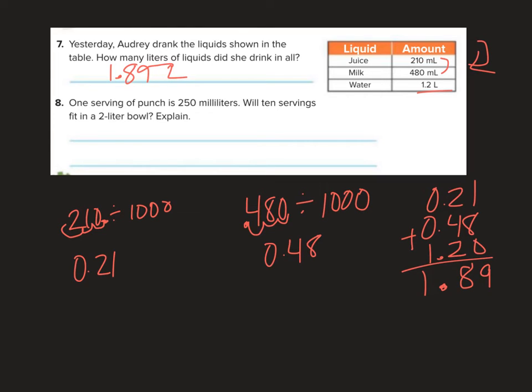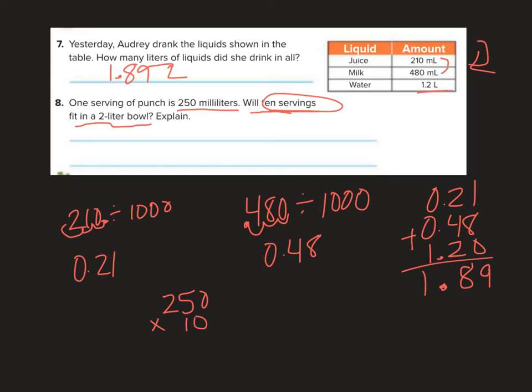All right, 1 serving of punch is 250 milliliters. Will 10 servings fit in a 2-liter bowl? Explain. Okay, so if I want to take 250 milliliters, and I want to know 10 servings, let's multiply it by 10.